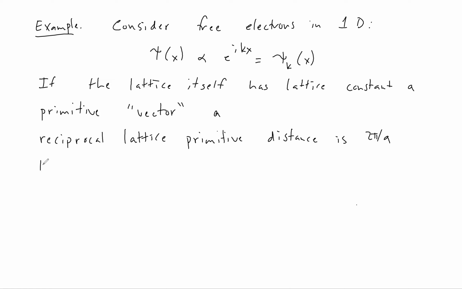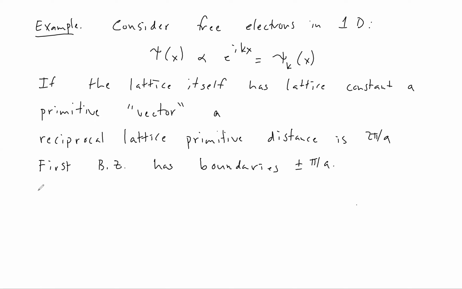So the first Brillouin zone has boundaries plus or minus pi over a. Good.